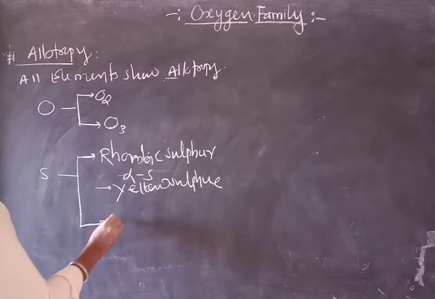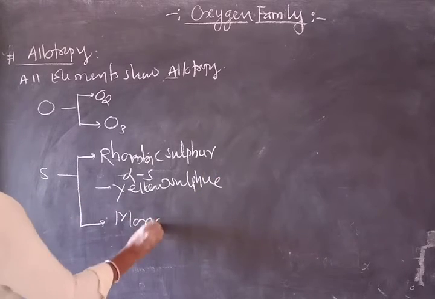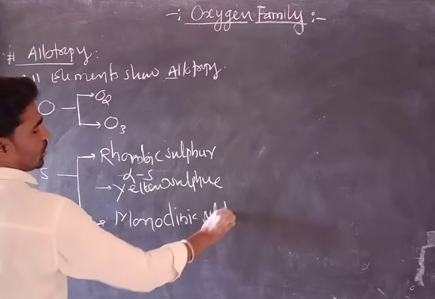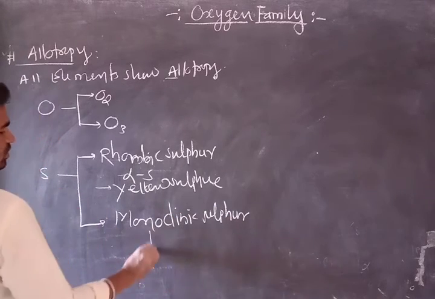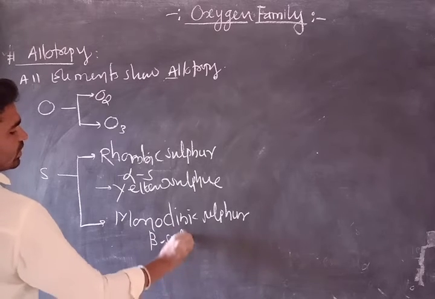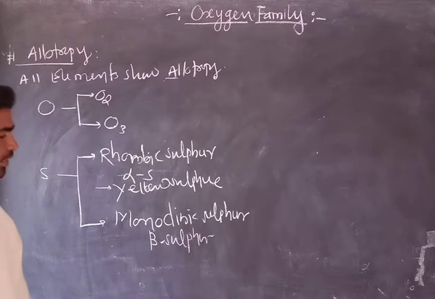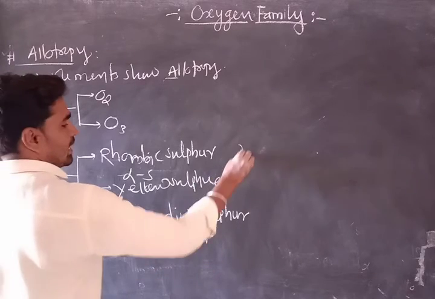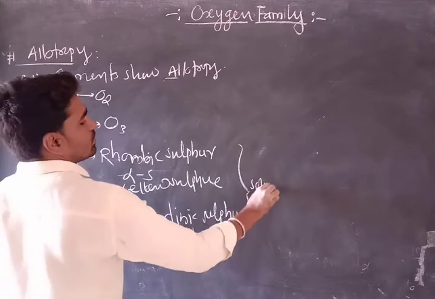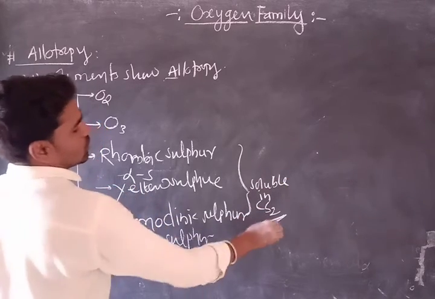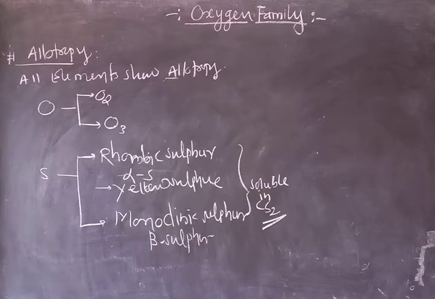And the second, the most famous form of sulfur, is monoclinic sulfur, also called beta sulfur. Both of these forms are soluble in carbon disulfide solvent.